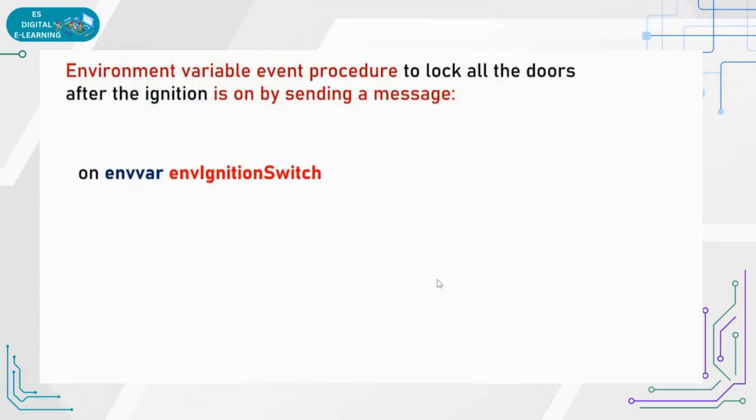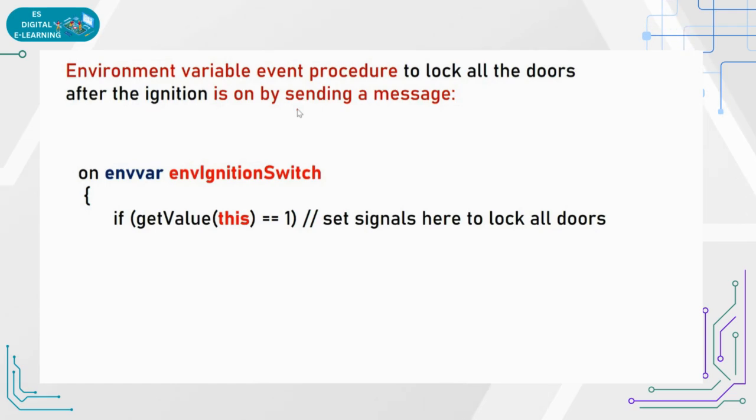Next, generally in interviews they will ask you, can you write a program by using environment variables? The requirement is to lock all the doors after the ignition is on, before sending a message. I'm writing an env variable and ignition switch.